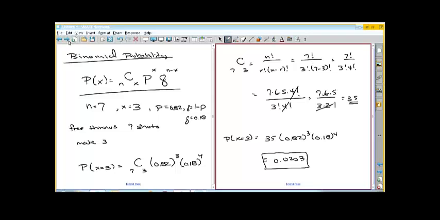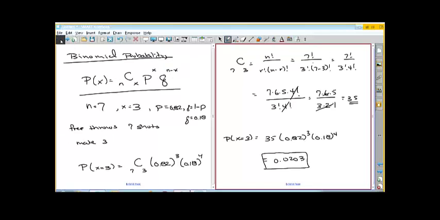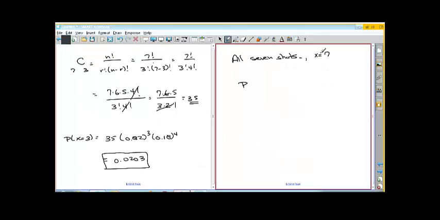If I said make all 7 shots, then that means x equals 7. In the case of something out of something, like 3 out of 7, it's obvious what this number is. But if I say all 7 shots, then x equals 7.